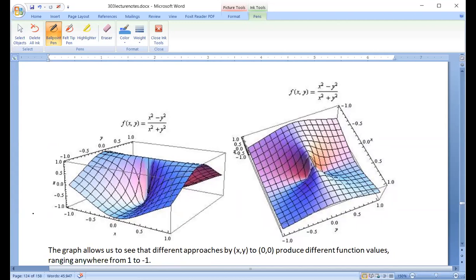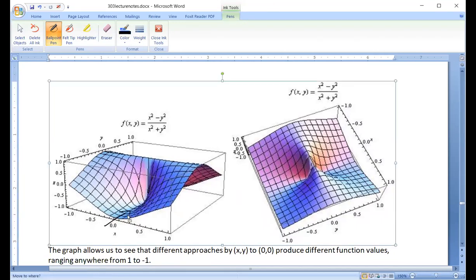Notice that using the graph on the left, you can approach in a sense in the valley, and if you come in the valley, you can see that path is x constant at 0, and all the z values are going to be -1. Also, you could approach the middle, which is the point (0, 0), along the ridge.